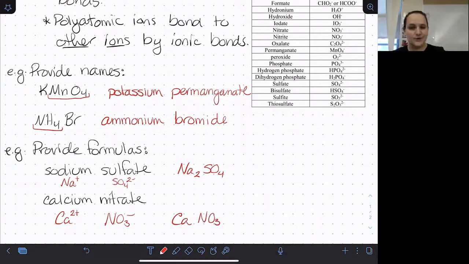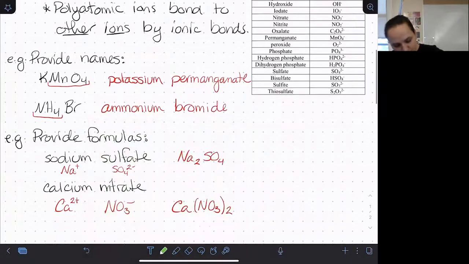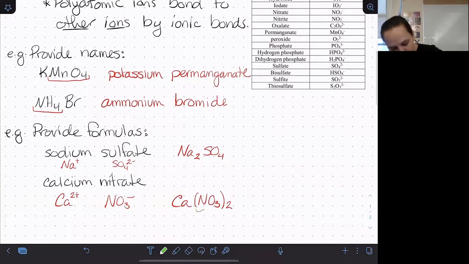Now, you'll notice we have a problem. If I just put a 2 here, this now looks like there are 32 oxygens, which is not what we want. So what we have to do whenever we have more than one of a polyatomic ion in a formula is we enclose the polyatomic ion in parentheses to indicate that there are 2 of this entire grouping.